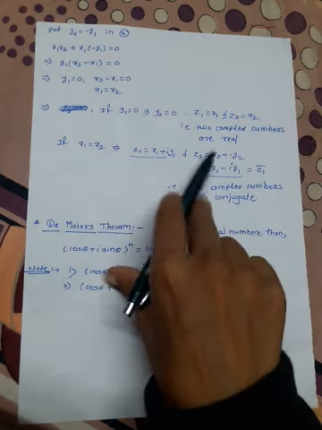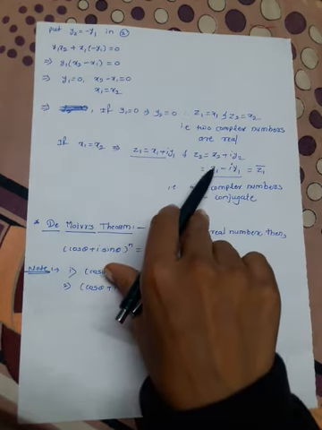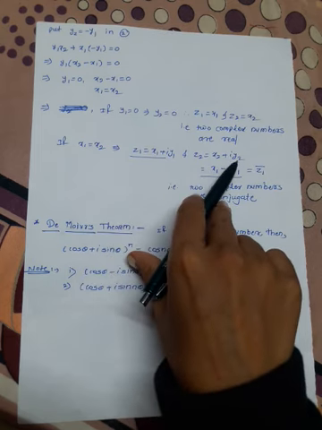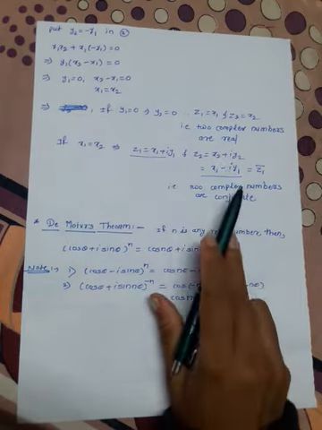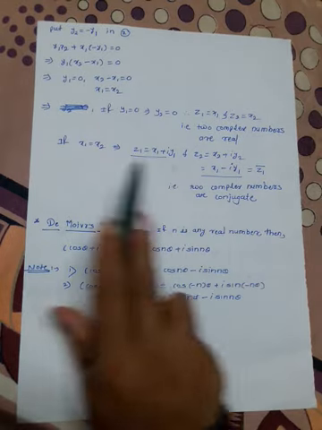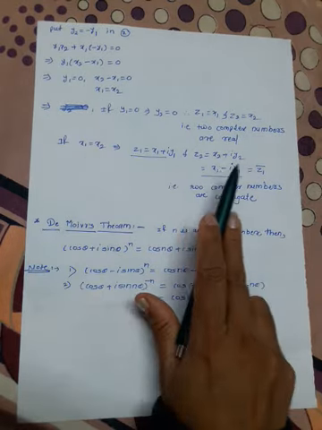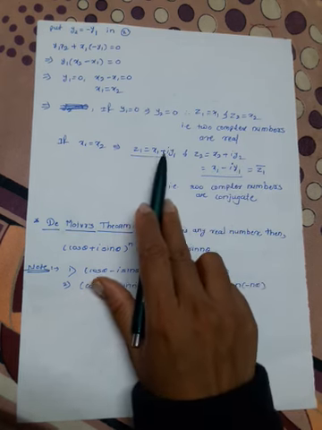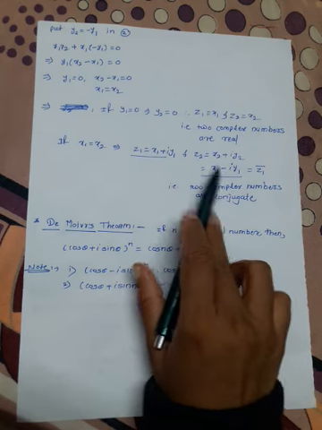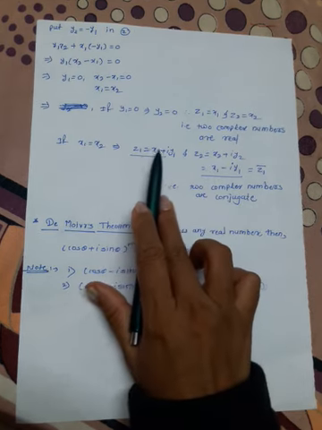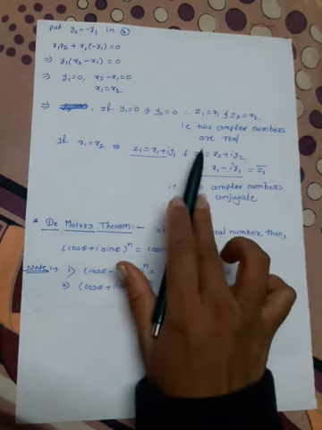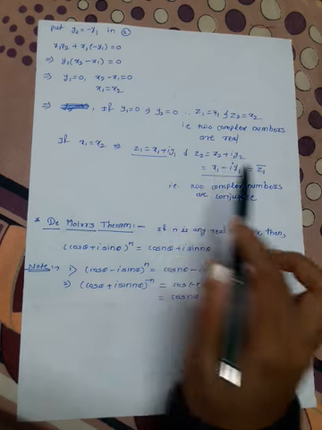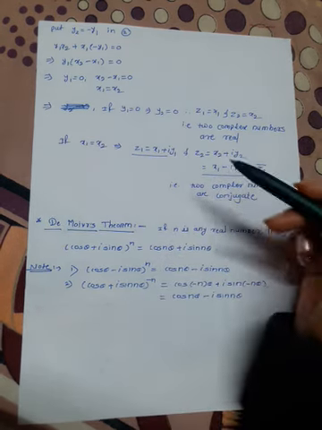Here put x2 as x1 and y2 as minus y1, both values at a time. And what it becomes, x1 minus i y1, is the complex conjugate of x1 plus i y1. That means z1 is this and z2 becomes its complex conjugate. That is, the two complex numbers are conjugates of each other. The second part we have also proved.